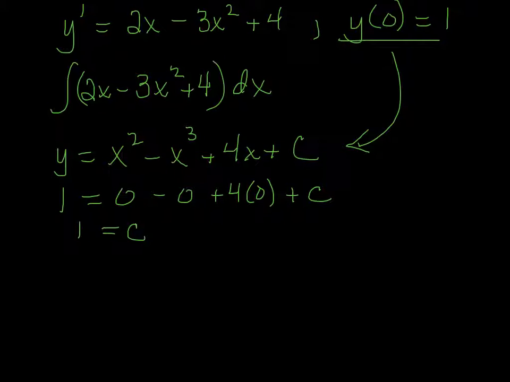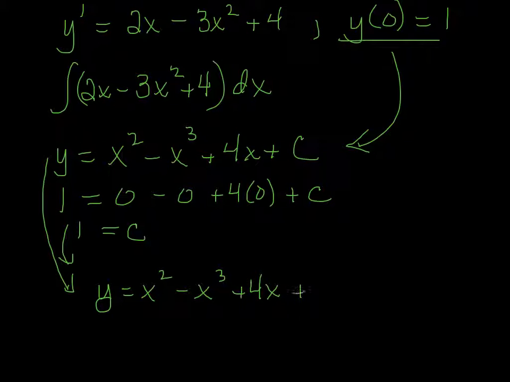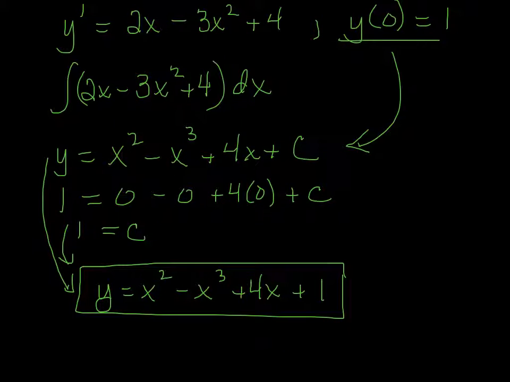So now that you have that C is equal to 1, we're simply going to take our y equation and our C value, and we're going to write y equals x squared minus x cubed plus 4x plus 1, and now we know that C is 1. And there is our original equation.